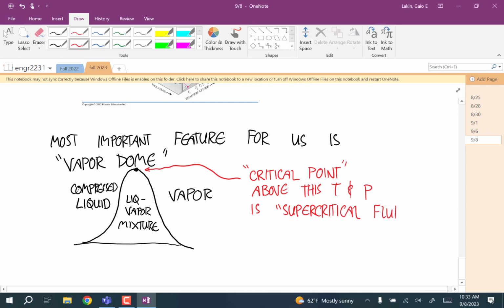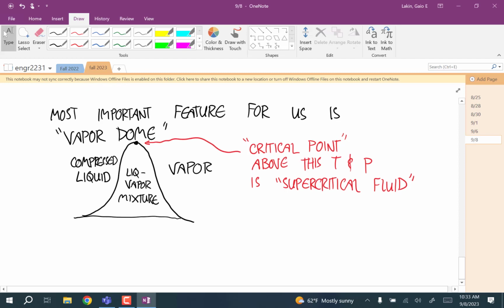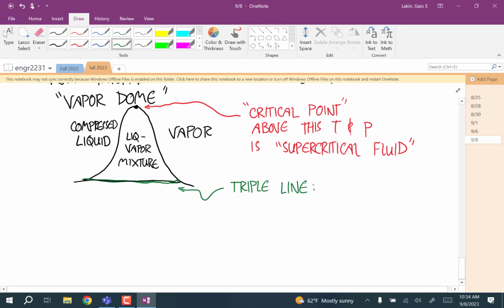You lose all distinction between liquid and gas. And then the last important feature of this vapor dome is this green line here, the triple line. That's where solid, liquid, and gas can exist in equilibrium.